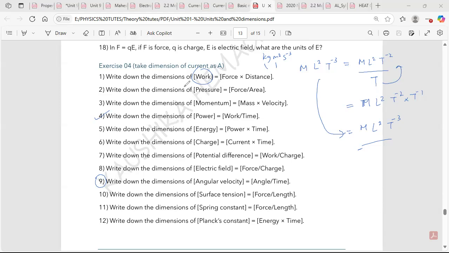Angular velocity equals angle over time. So you don't need to find the units of angular velocity, right? You can just treat it as a correct equation and get angle over time, the dimensions of angle over time.